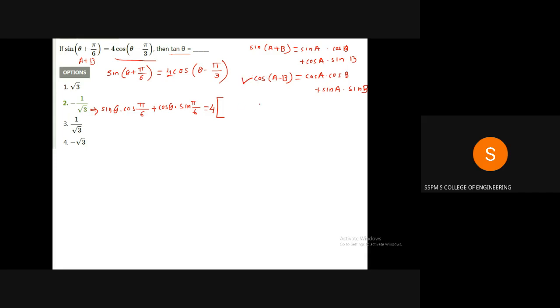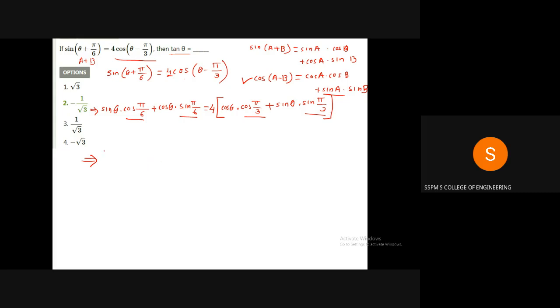First we write cos A, that is cos theta into cos B means cos pi by 3, plus sin A means sin theta into sin B means sin pi by 3. We know the values of cos pi by 6, sin pi by 6, cos pi by 3 and sin pi by 3, so we will put them here.